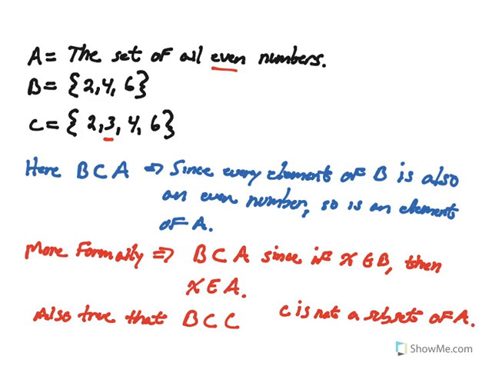Okay, and that's because of the 3. All right, that's an odd number. And there are no odd numbers when we talk about all even numbers, so that can never be a subset. Fails immediately. Okay, well, that's just a little crash course of set theory.